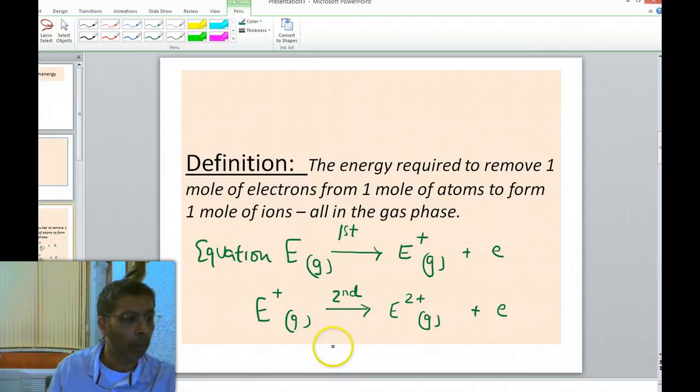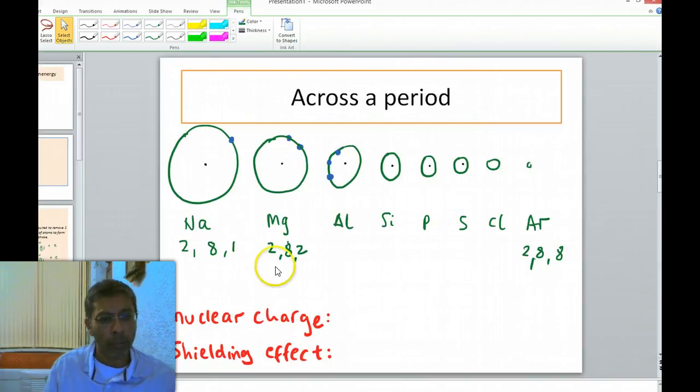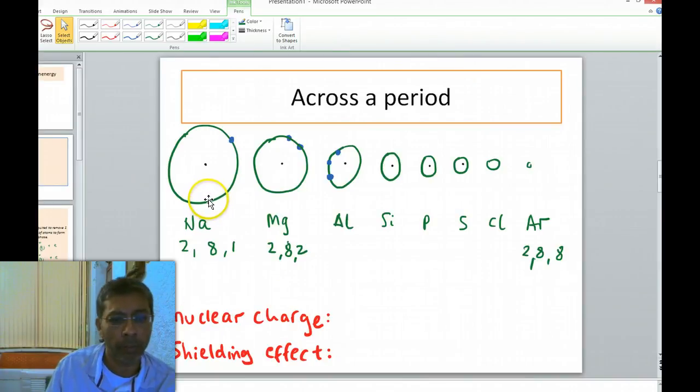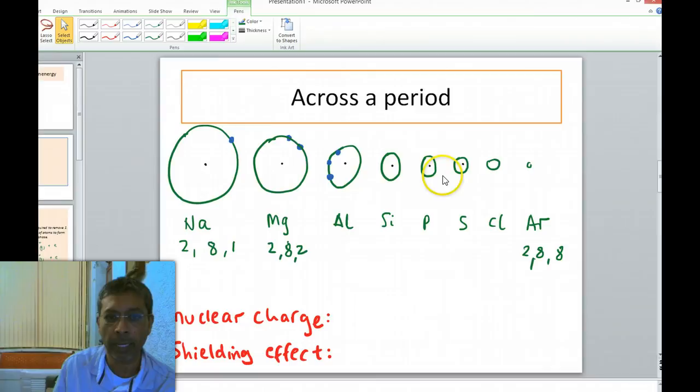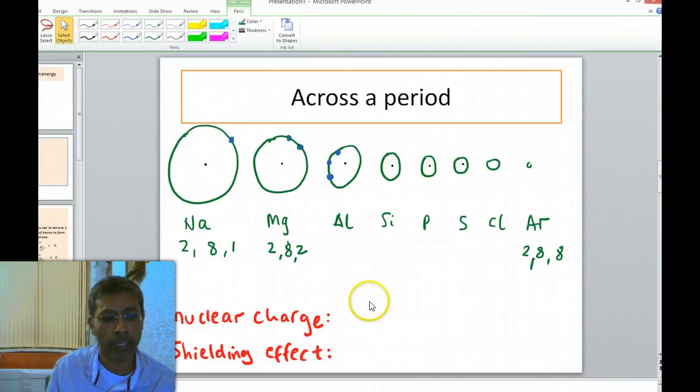Let's now look at the trend going across the period. Here are the atoms for period 3. I've just drawn them as circles: sodium, magnesium, aluminium, silicon, phosphorus, sulfur, chlorine and argon. Notice I've drawn them getting smaller, so the radius is getting smaller going across the period. And the reason for that is nuclear charge is increasing.